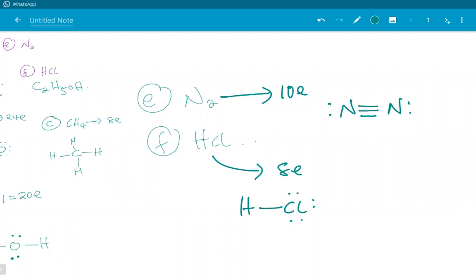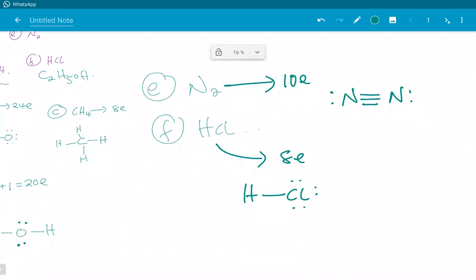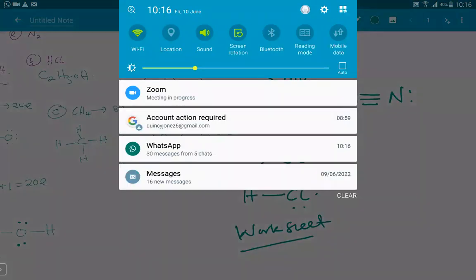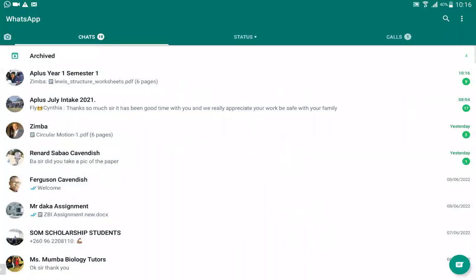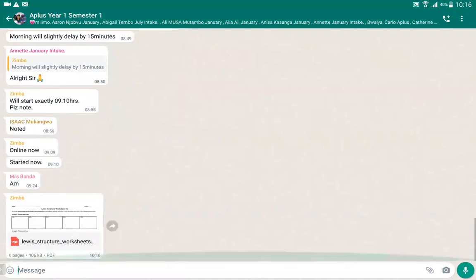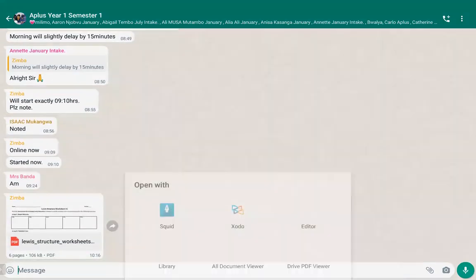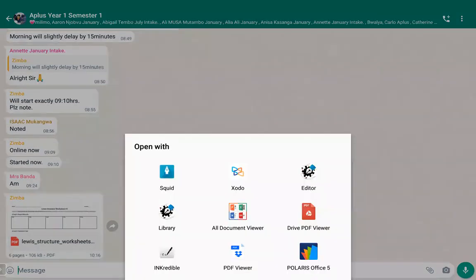In the group, I've sent the worksheet. That worksheet is for practice. It has got the boxes. Let me show you what I've sent in the group, the exam way test worksheet.